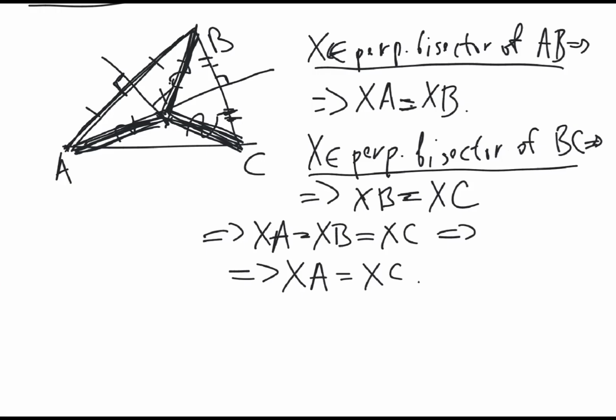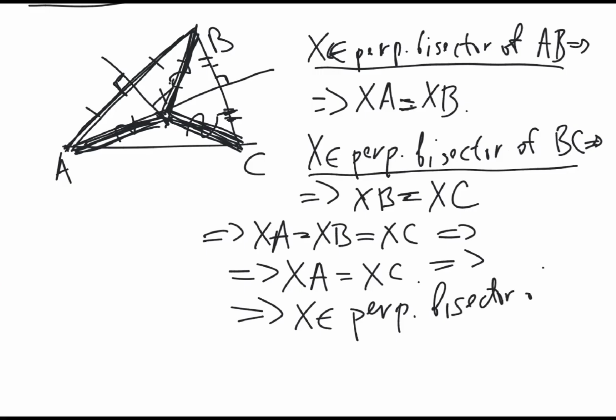By the property of the perpendicular bisector, this implies that X belongs to the perpendicular bisector of CA.